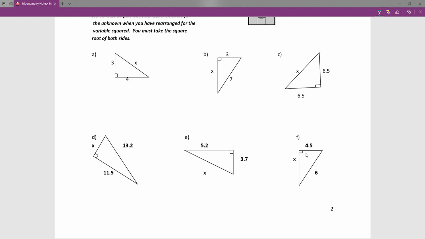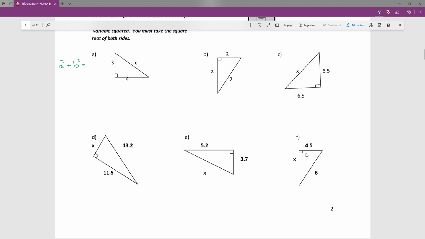So in this one, using what we've just talked about, so a squared plus b squared equaling, whoops, that's not a, c squared. And the c squared, this is the hypotenuse.